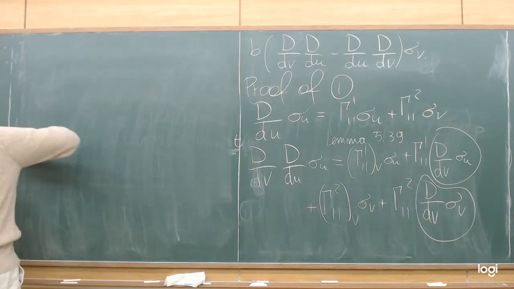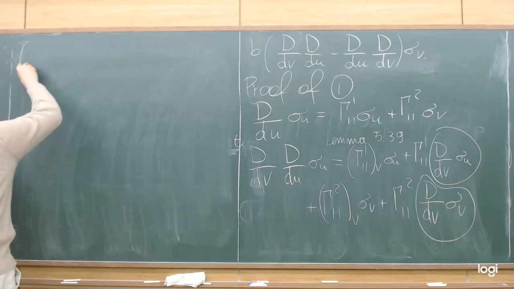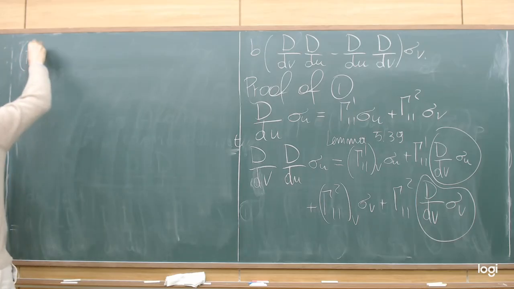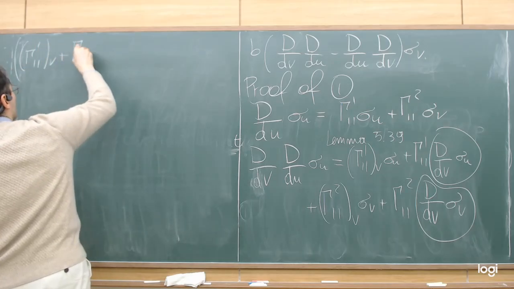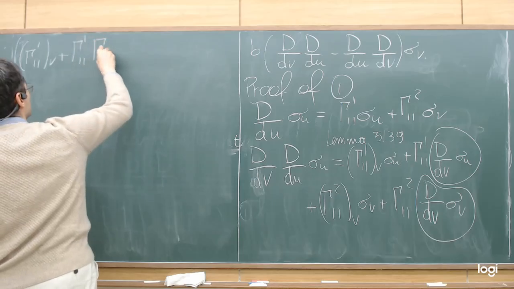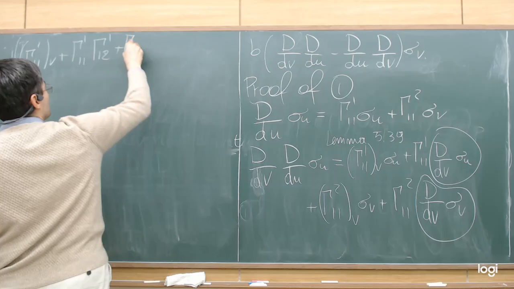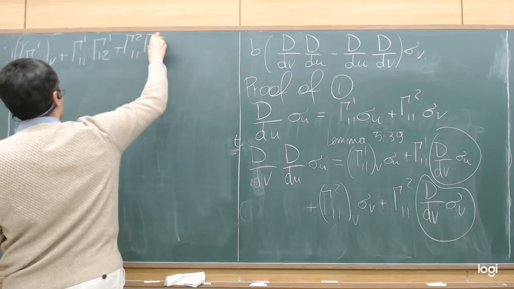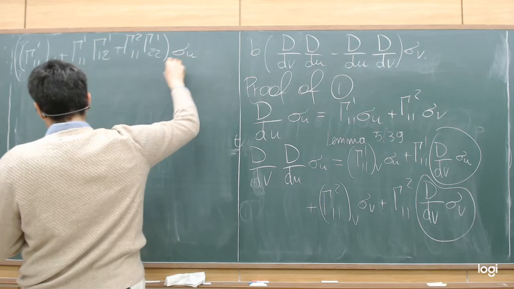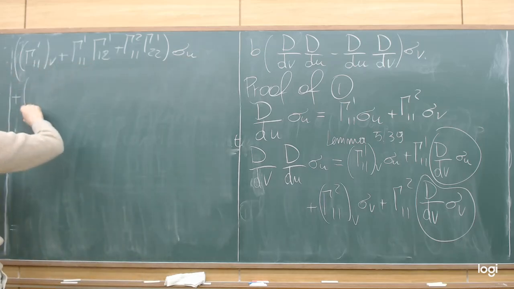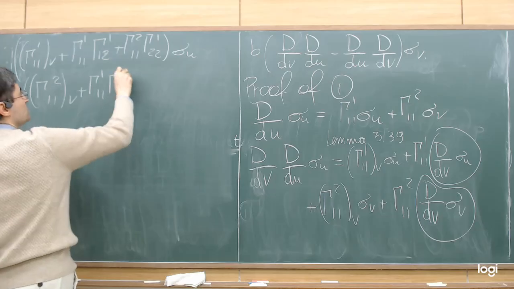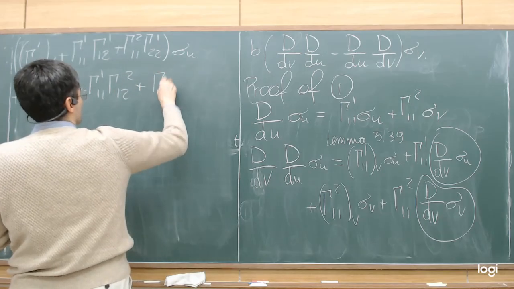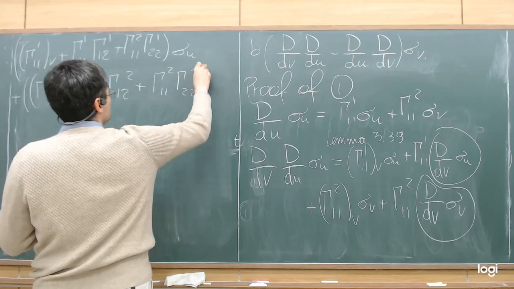And I get gamma 111 v plus gamma 111 gamma 121 plus gamma 112 gamma 221, sigma u, plus gamma 112 v plus gamma 111 gamma 122 plus gamma 112 gamma 222, sigma v.